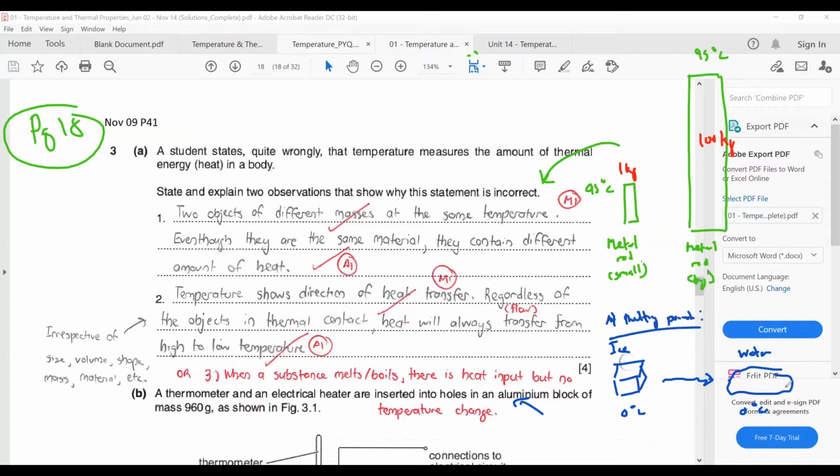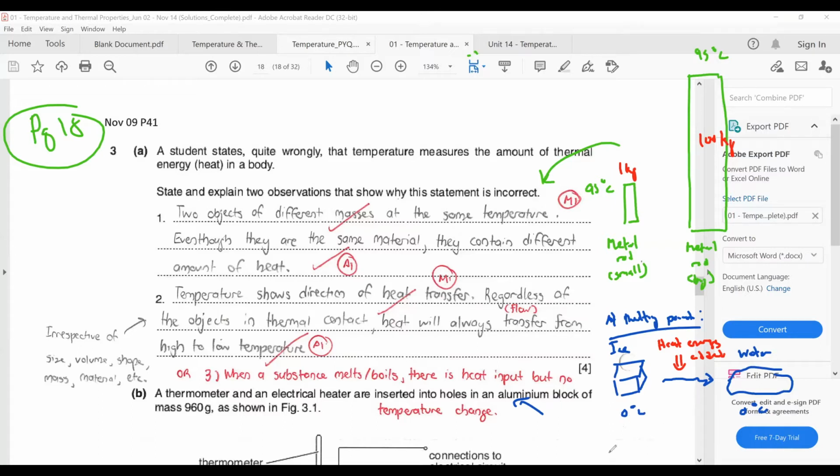So during this process, you need heat energy to break the bonds of the molecules so that it becomes water. You have heat energy added, but the heat energy added does not result in a change in temperature.